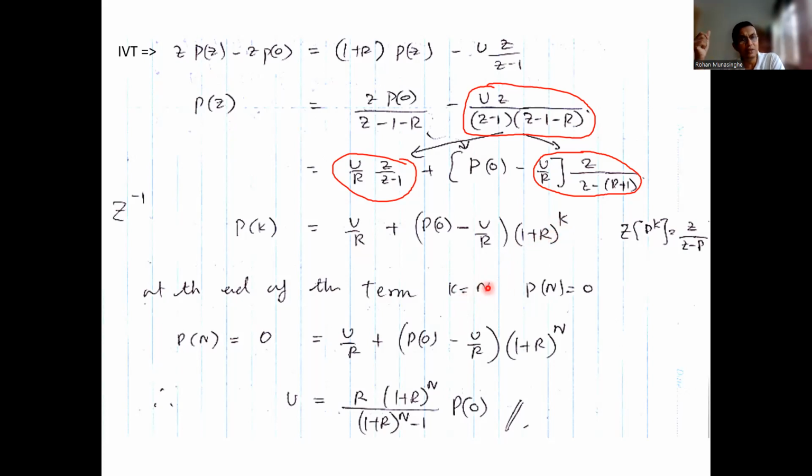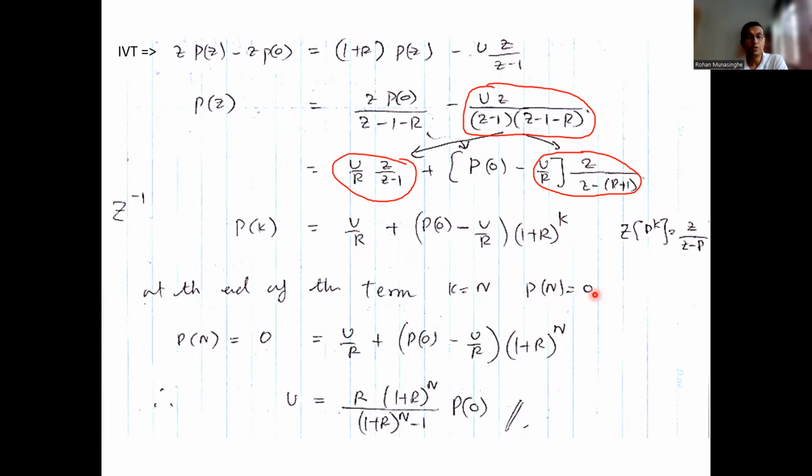Suppose capital N is the number of months, right? So when k is equal to n, you don't owe anything back because you had already paid the whole thing, right? So therefore, P capital N is equal to 0.